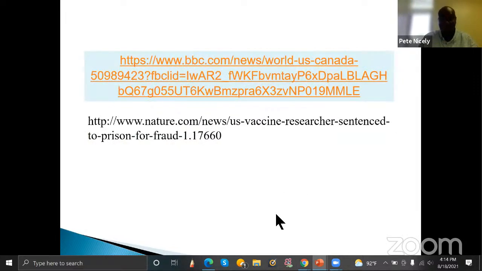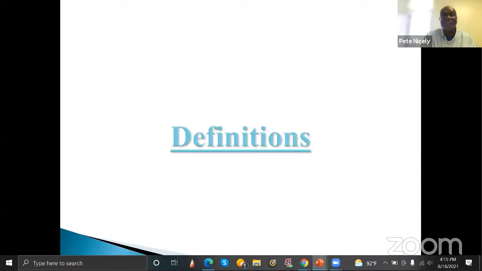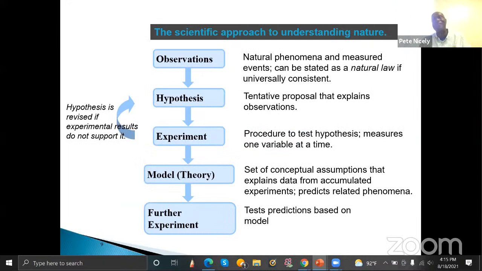Okay, now to end this chapter, I want to say something important. Firstly, I'm hoping that most, if not all of you, plan to pursue a career in science. Let me go back to this chart here, all right?